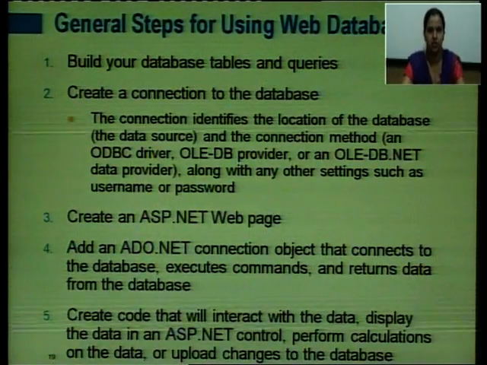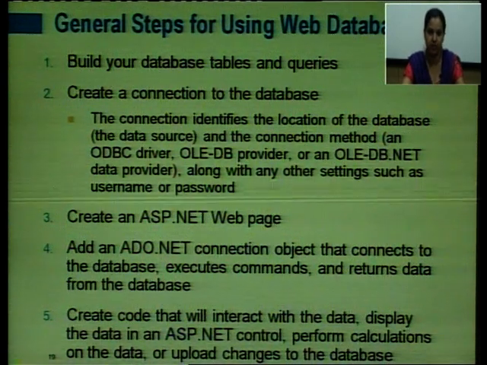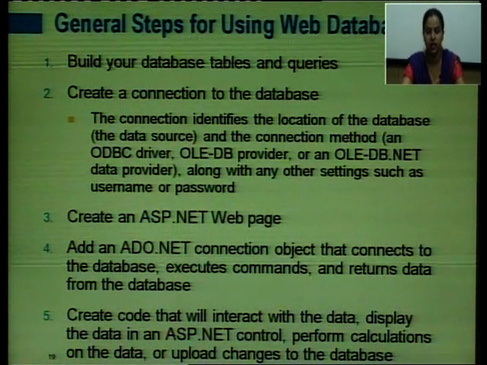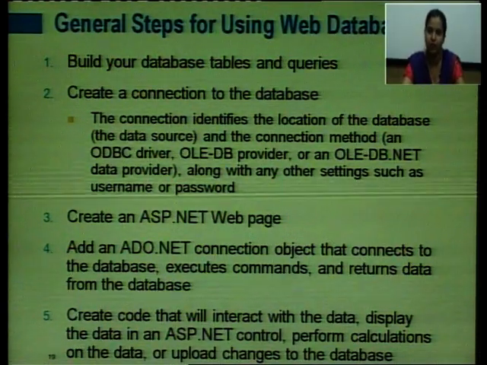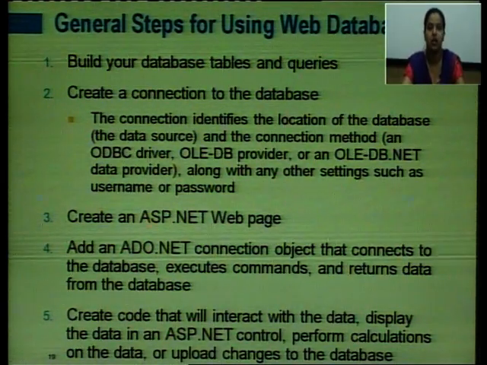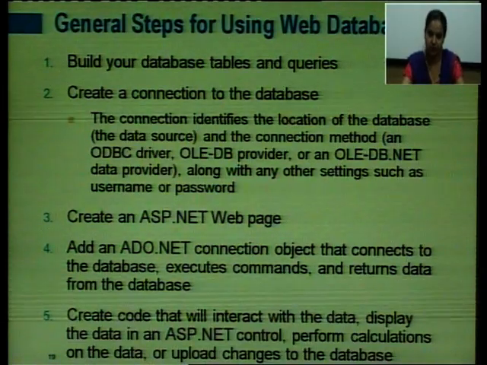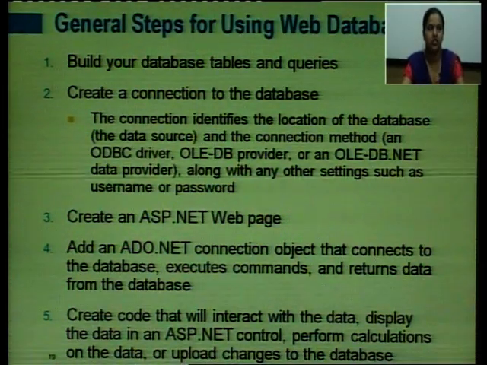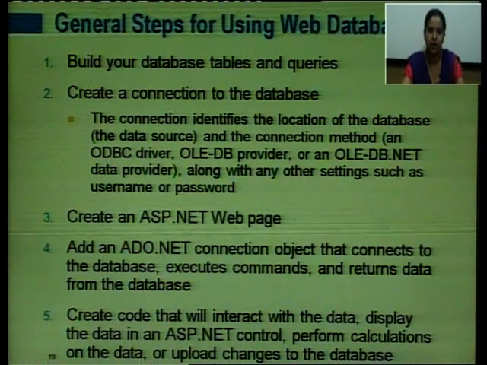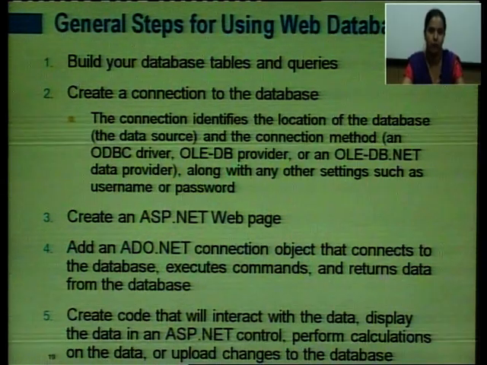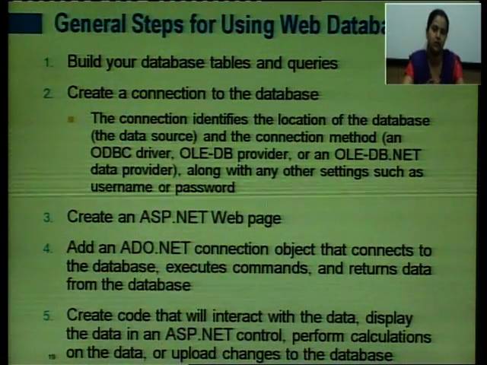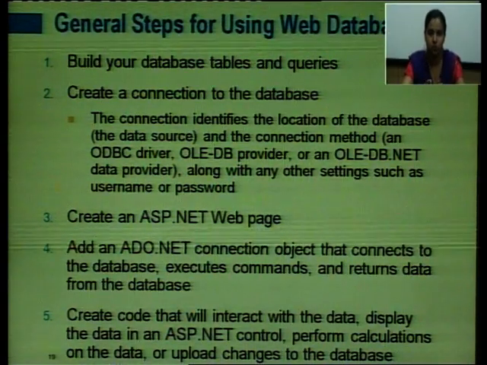Here are some general steps for using web databases, that is, how we can extract the data from the database or the web databases. First of all, build your database table and queries. Like when you register on a website, it asks you to fill in a form; you are building the database, and it is going to be stored somewhere.